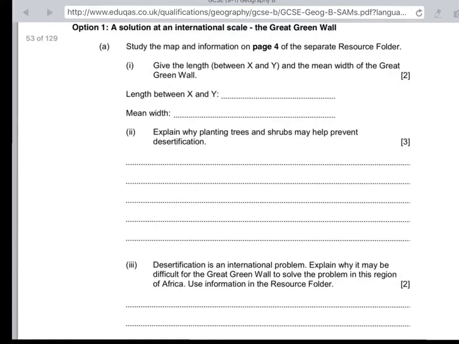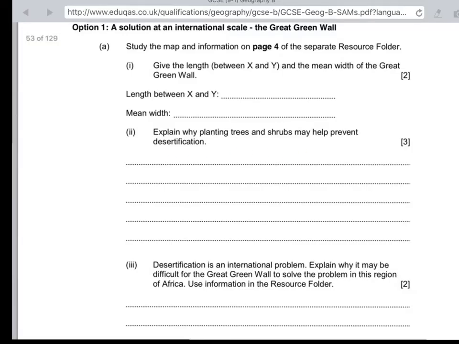Okay, so this is the map it's referring to. Right, let's have a look and see what we can look at. So we've got a key. We can see hot desert is to the north. We've got semi-desert, which seems to be bordering to the north of the Green Wall. We've got the savannah to the south, and we've got the rainforest down here, and then we've got the Great Green Wall. That's here. We've also got a scale bar, and some of the questions were, well, what's the distance between X and Y?